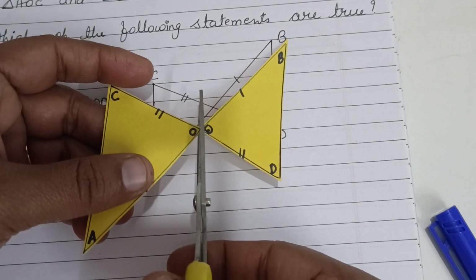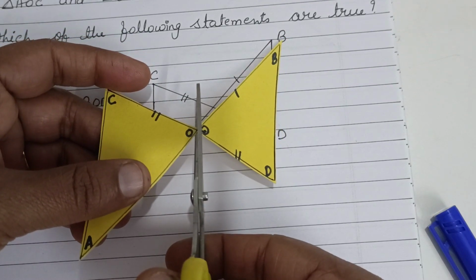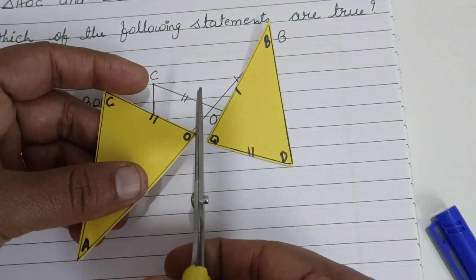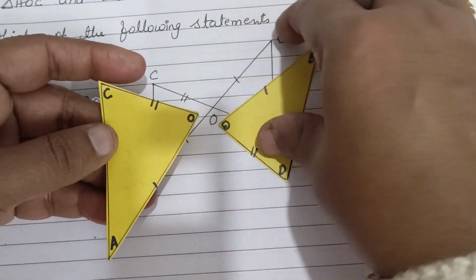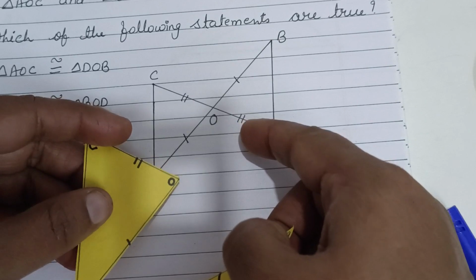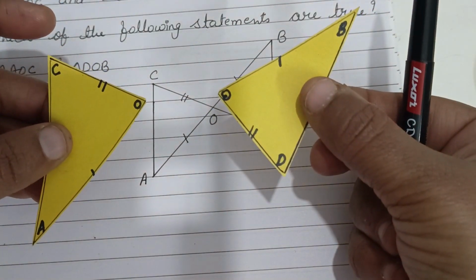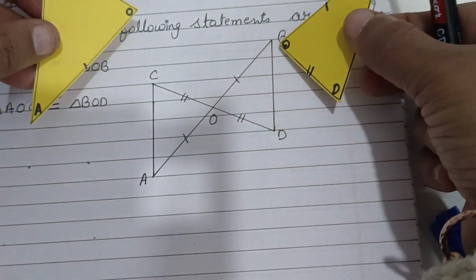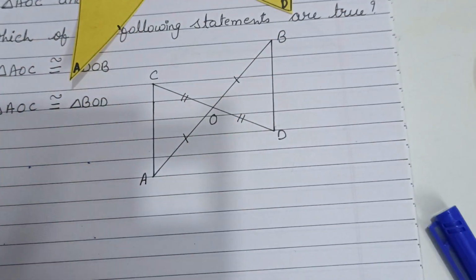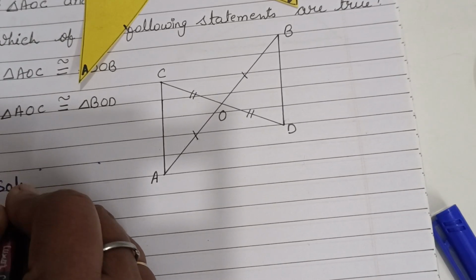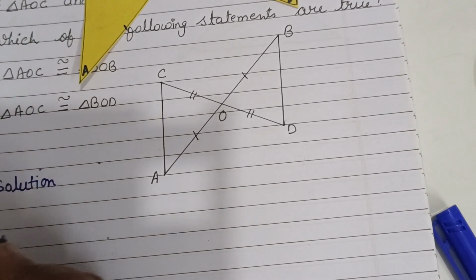So from O, from this part I have to do the cutting. Now we can see this figure. This was the given figure which has been divided into two triangles. In the same way I will redraw a rough figure for our solution of two triangles.